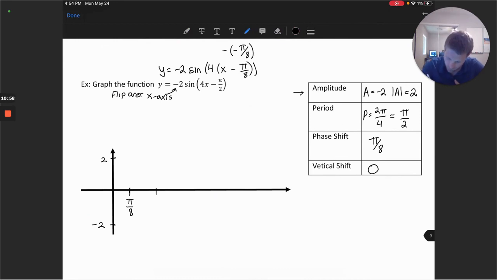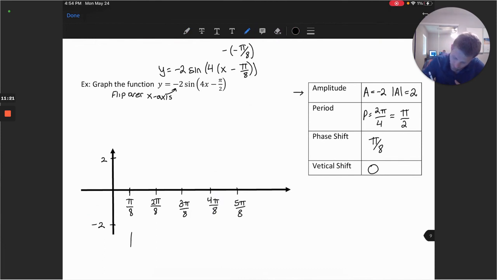So this would be, we'll call 2 pi over 8. We'll go 3 pi over 8, 4 pi over 8, and then 5 pi over 8. That would be a full pi halves units in between those 2 points.